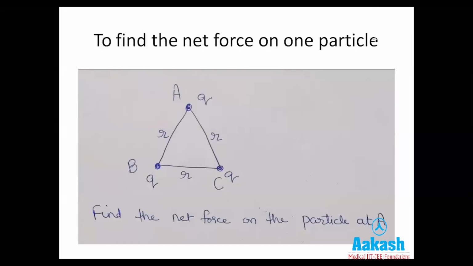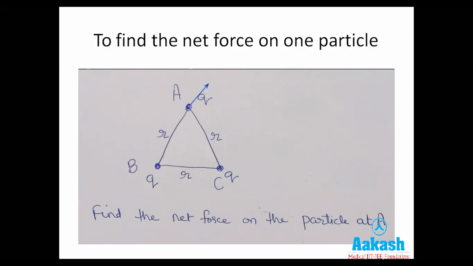So, this is the first question, which is of the type in which we have to find the net force on a particle. As you can see in this part, there is an equilateral triangle. Every side of the triangle is R. All the particles have charge Q, and we have to find the net force on the particle at A. So what we can do is, on this A, this particle B exerts a repulsive force, which I can show in this direction.